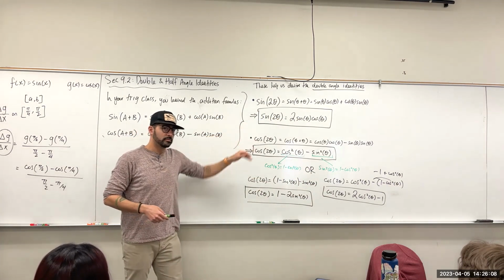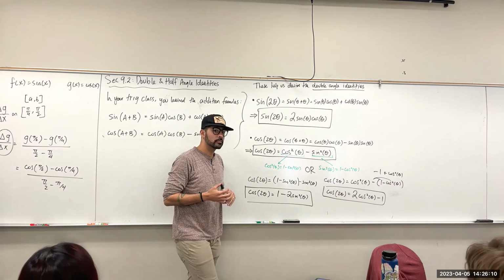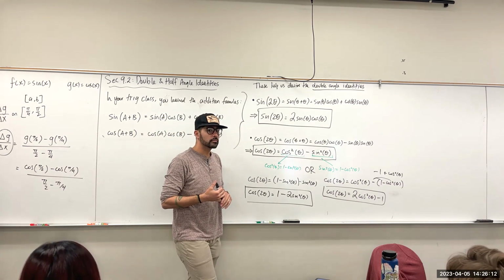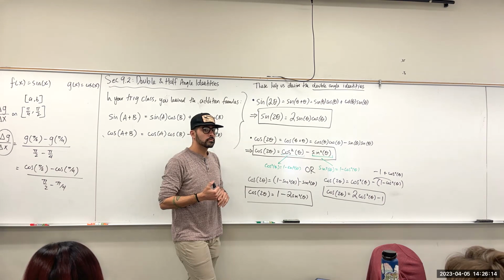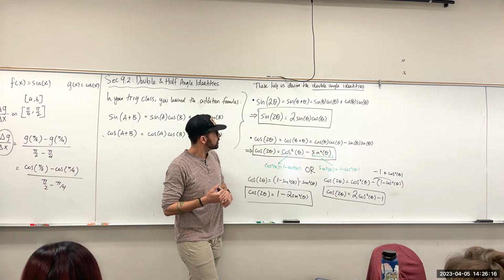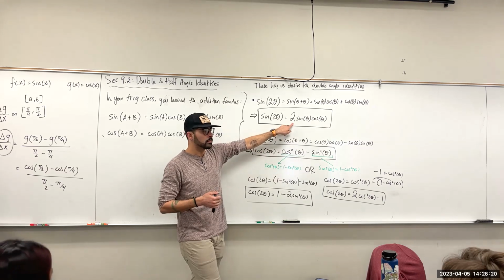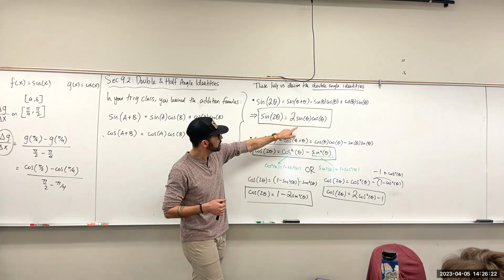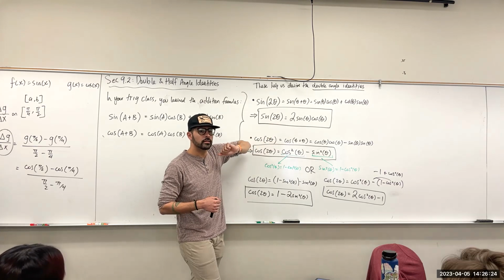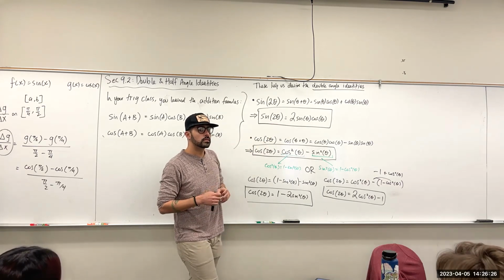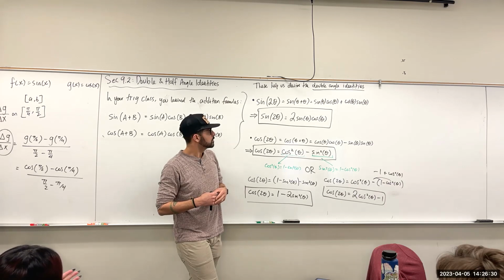Could you just use the top one and then your sine squared theta plus cosine squared theta equals 1 to get both of them? The bottom two? Use this top one, to get, say it again. And then use your cosine squared theta plus sine squared theta equals 1 to get the bottom two.